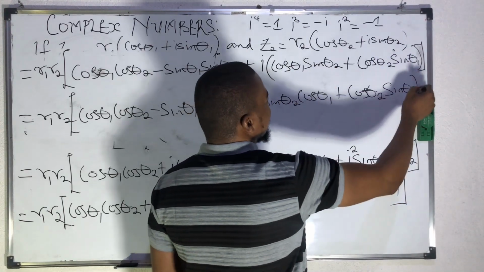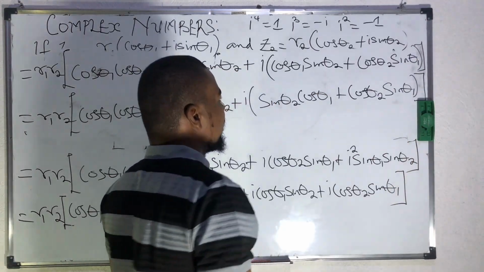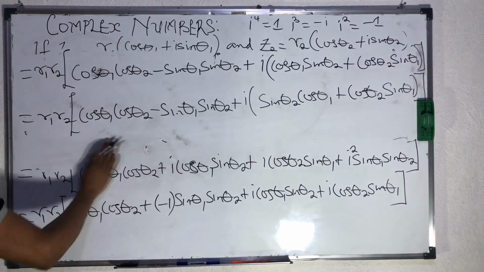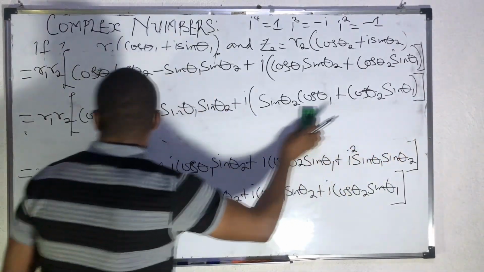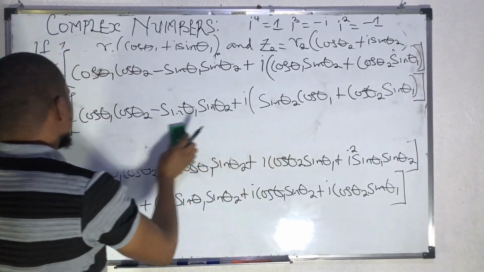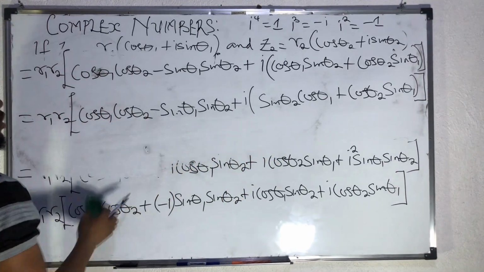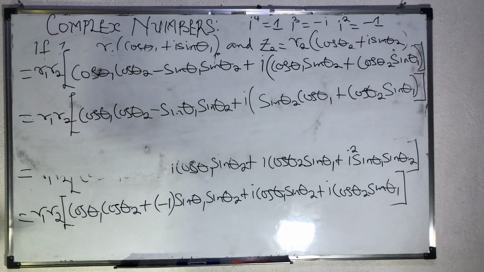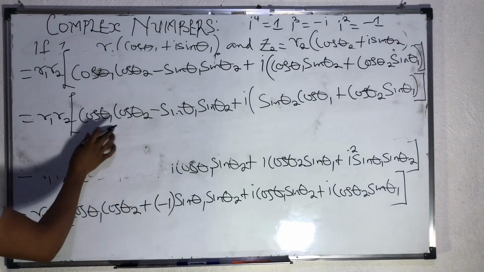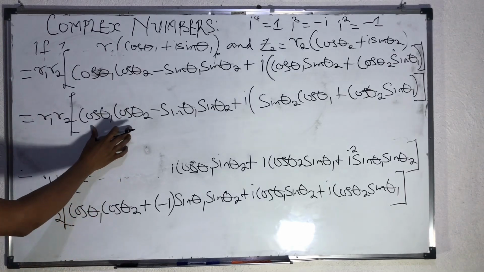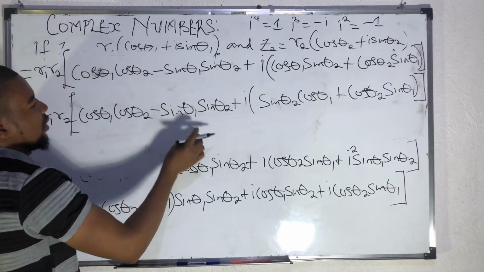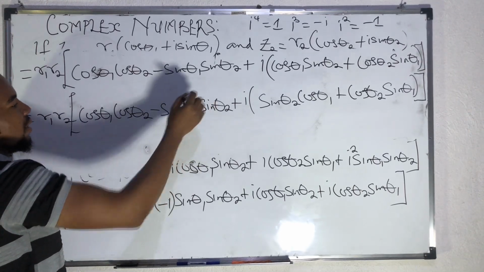All right, so I've succeeded in doing it, and it's now going to be easier to work with. Now look at this. Let's assume you have two angles that are subtracting or two angles that are adding. We can use the sum and difference formula to simplify them. What do I mean? For the first one here, we have cos theta 1 multiplied by cos theta 2 minus sine theta 1 times sine theta 2.